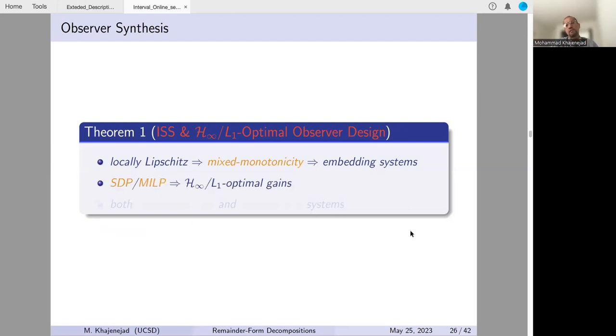Then by solving some semi-definite program or mixed integer linear program, we're able to design optimal gains in the sense of H infinity or L1 norm. And then this design is applicable to both continuous time and discrete time systems, because embedding systems and mixed monotone decompositions can be computed for both continuous time and discrete time systems.